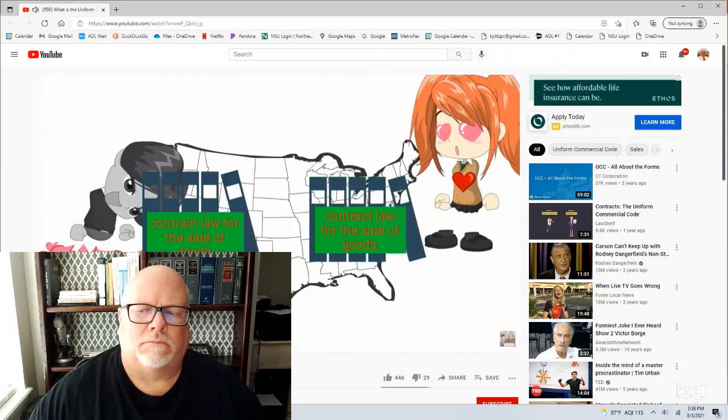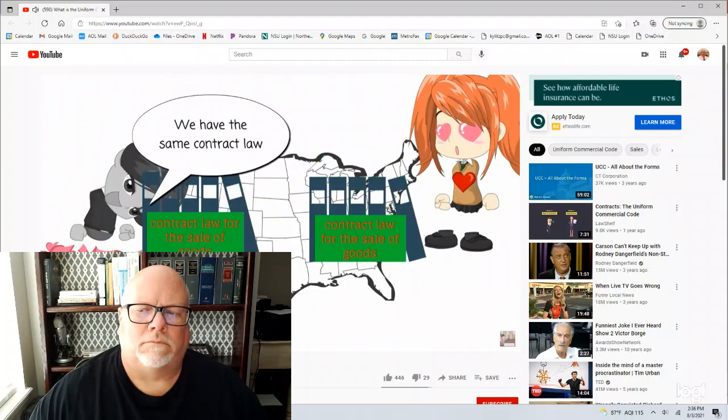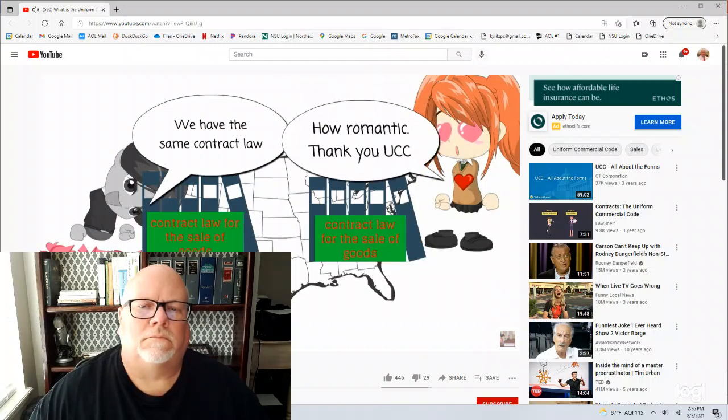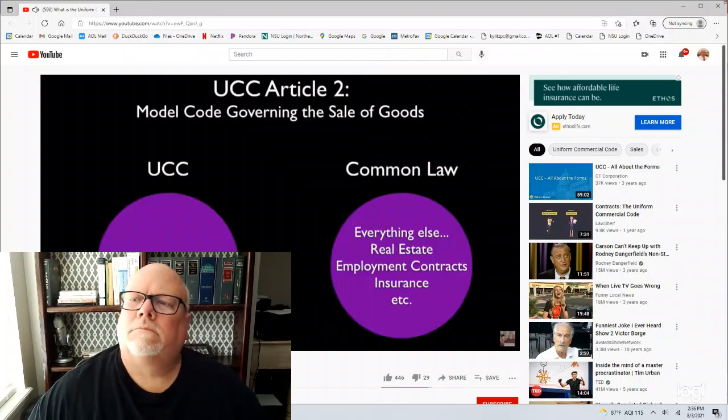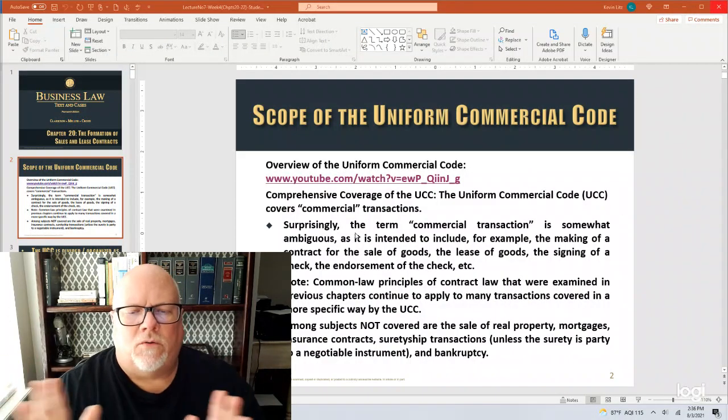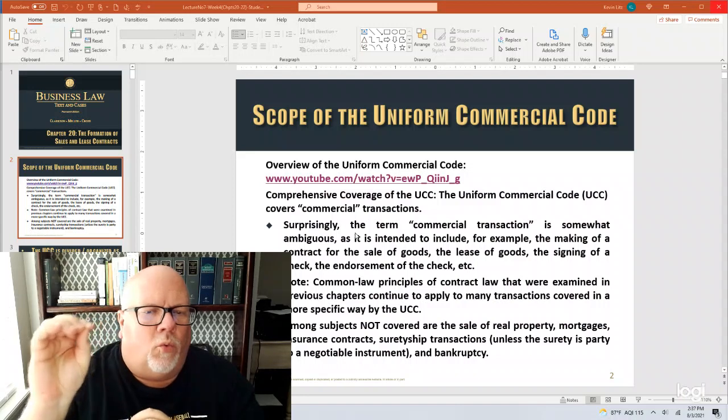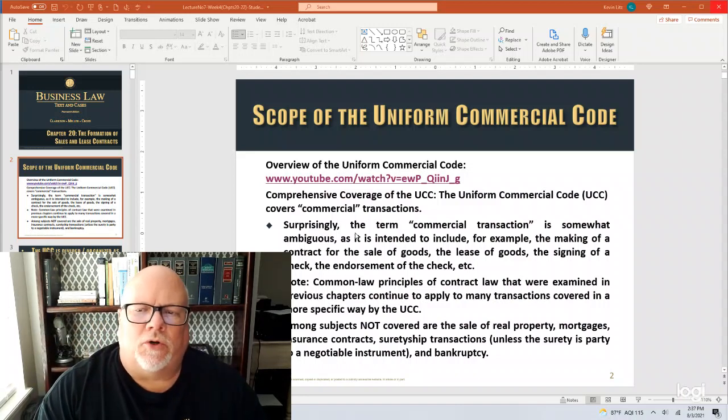So if we have a contract for the sale of goods and parties from different states, they can be confident that the same law is going to apply. So for purposes of most contract law classes and for bar review classes generally, you should consider the UCC as the source of law governing transactions for the sale of goods, and the common law is probably going to govern everything else.